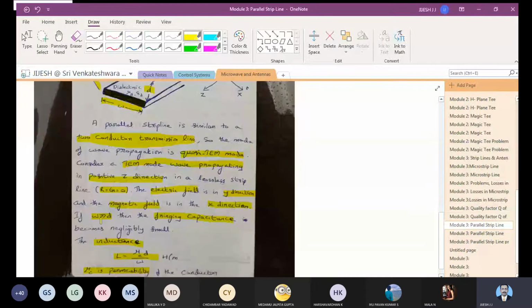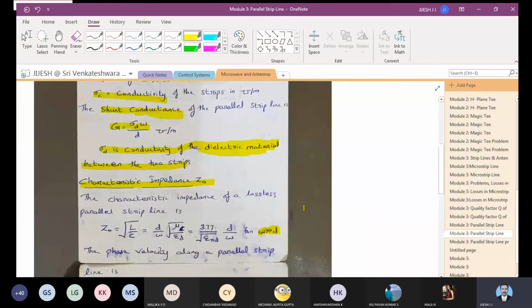When W is greater than D, the fringing capacitance becomes negligibly small. That is the reason we take W to be greater than D, and we consider it a wide microstrip line.